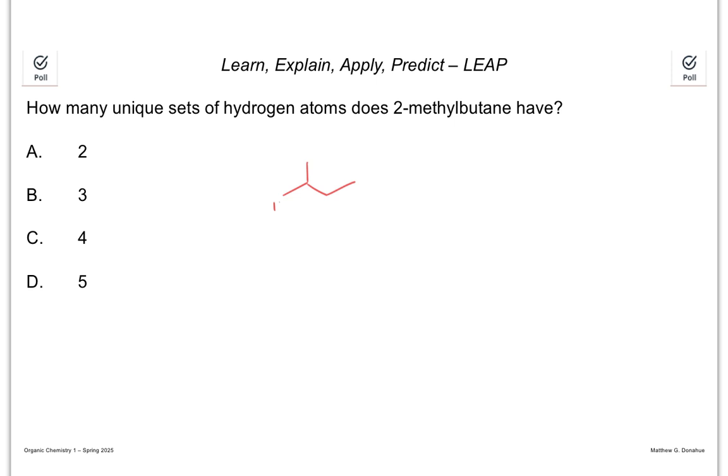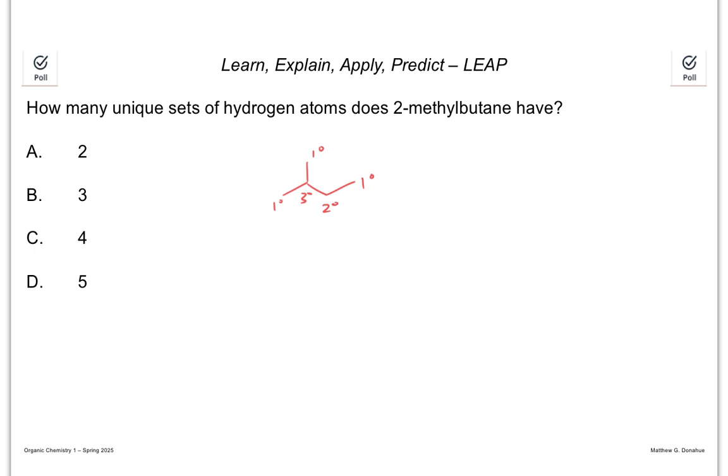So we have those primaries are the same. We have a tertiary, so that's got to be different. Secondary, that's got to be different. And then the last is primary. So we have 2 different types of primary, so that's why it's not 3.